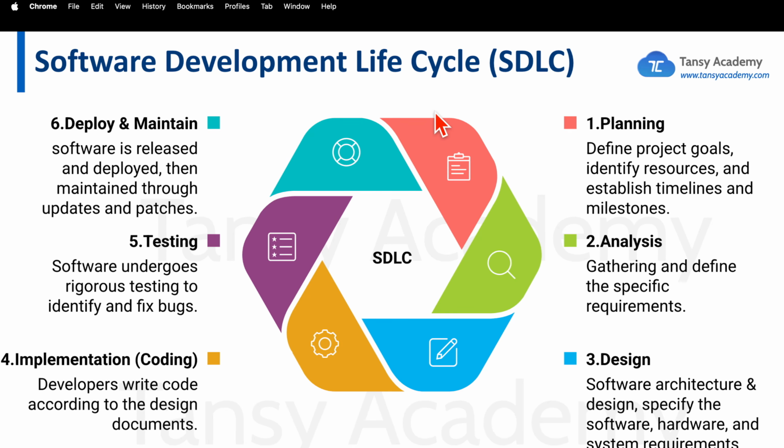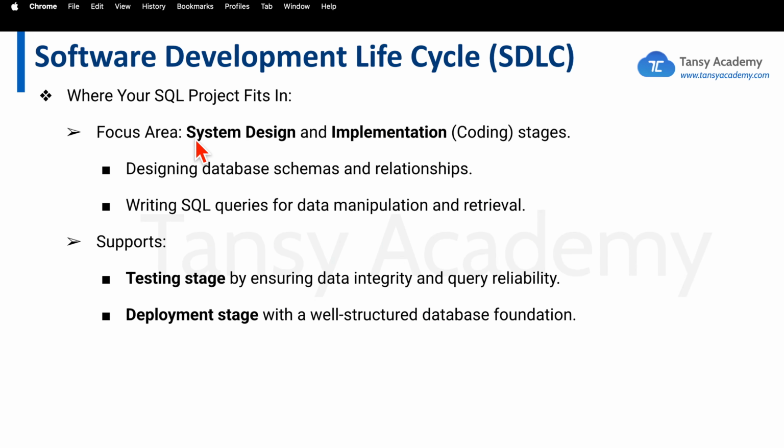And if you talk about the software development lifecycle, you should know where the work and assignments you are doing fit in the real world. As we discussed in chapter 2, there are about 6 to 7 phases in the SDLC. What you do fits at system design and implementation.